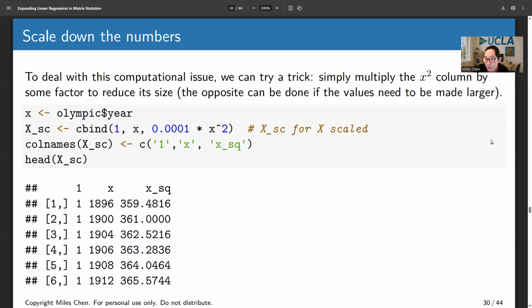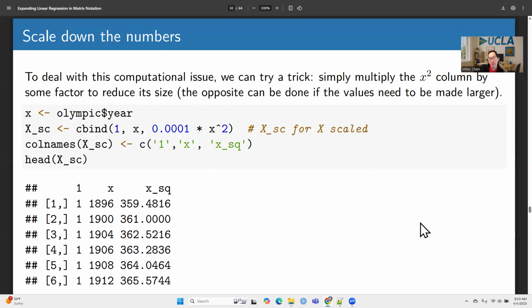Okay, there's a question in the chat. It says, do other common programs use the same floating point number system and would therefore have the same problem? Yes, yes. Basically, this is intrinsic to the hardware.